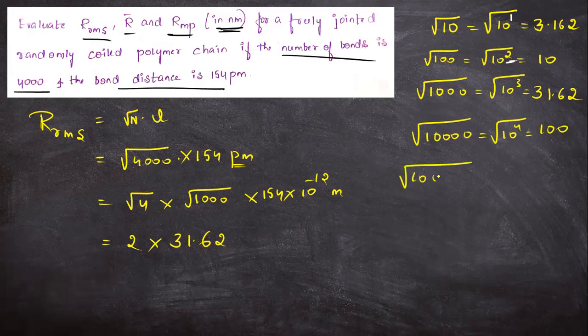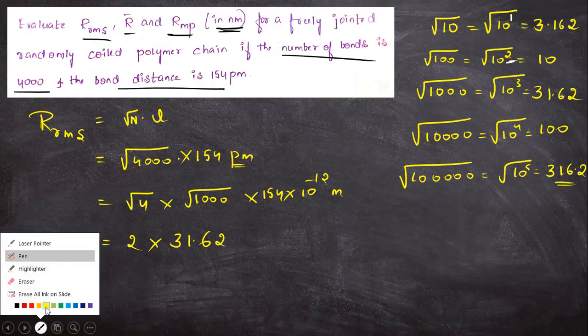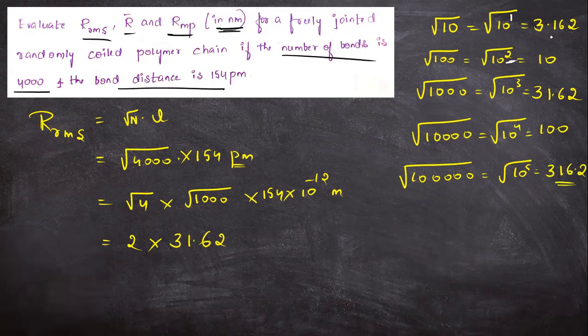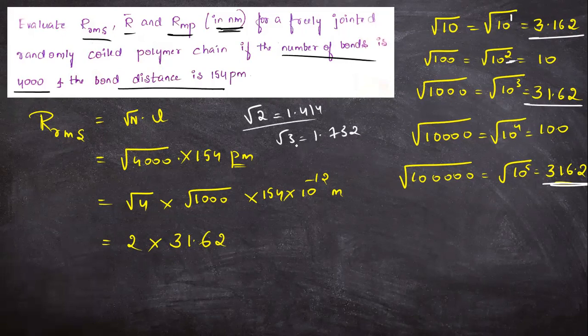But 1, 2, 3, 4, 5, root of 10 raised to 5 will be 316.2. I think you are getting it, right? So 10 raised to 1, 10 raised to 3, 10 raised to 5 like that. This is the thing you need to remember, and always remember the root 2 value is 1.414, and the root 3 value is 1.732. This much you need to remember in this case.